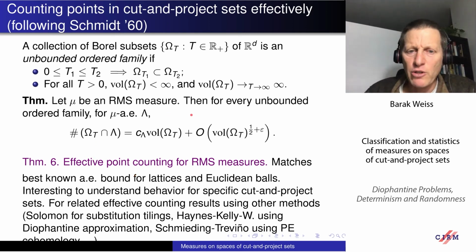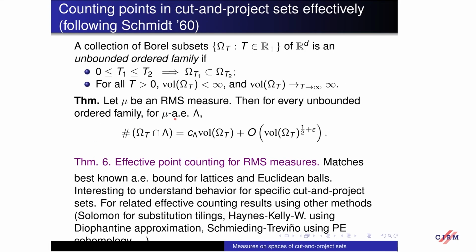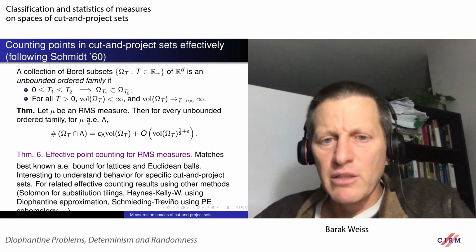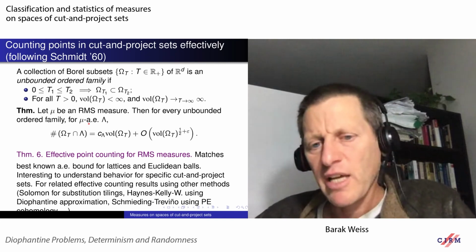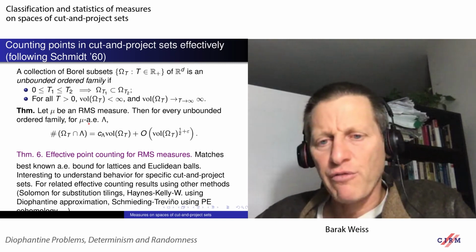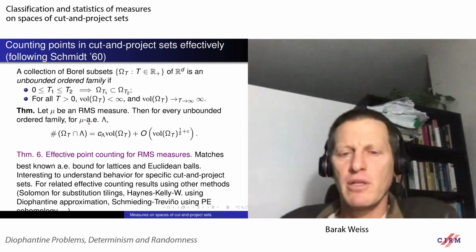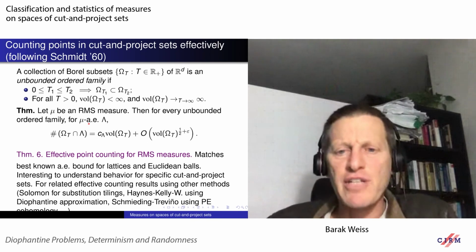Now, this is an almost everywhere result. It's telling you the counting behavior of sets and balls for almost every lattice or for almost every cut and project set, but it doesn't tell you what's going on for a specific one. If you care about a specific one, say the Penrose example or other examples, then there are other techniques.